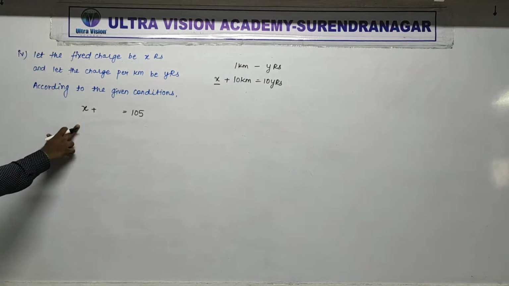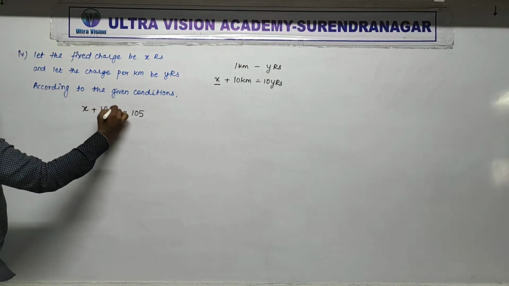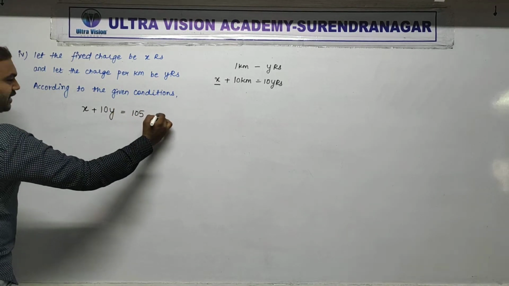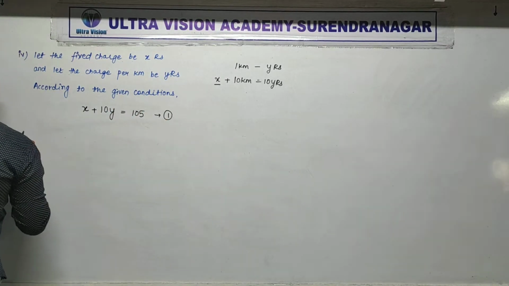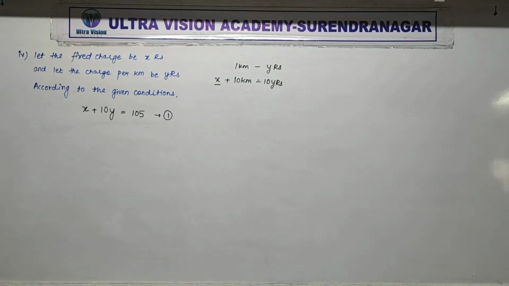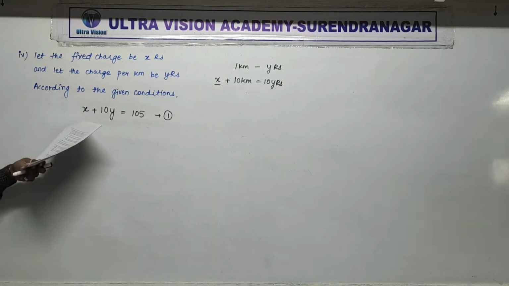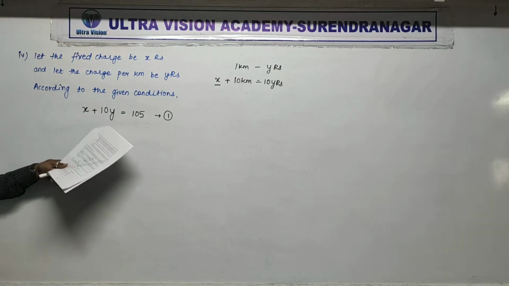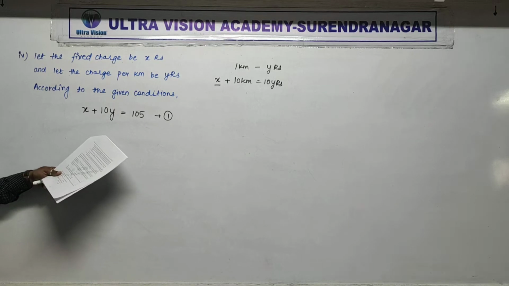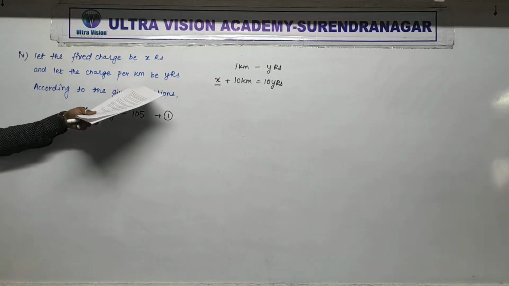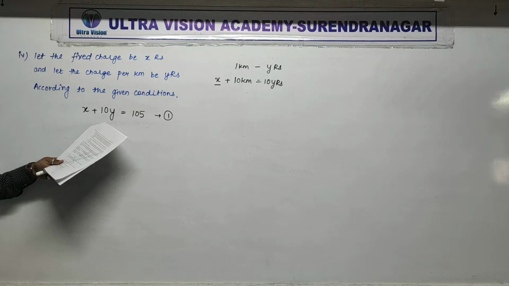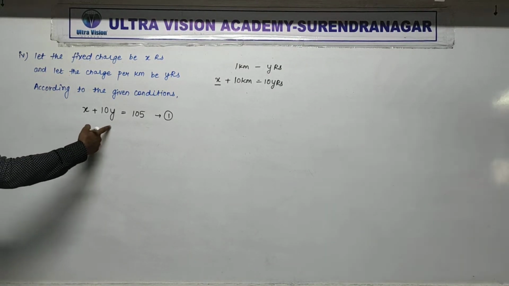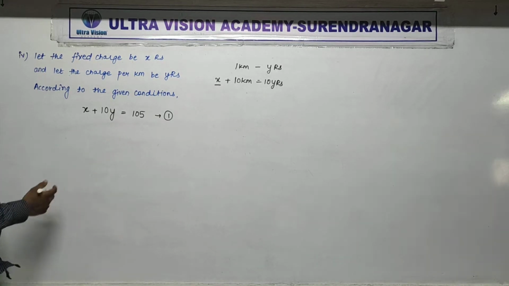So the fixed charge plus the total charge for traveling 10 kilometers sums up to 105 rupees, which is the first equation. Is that clear? The charge for 1 kilometer is Y rupees, so the charge for 10 kilometers would be 10Y rupees. So fixed charge plus the variable charge is equal to 105.